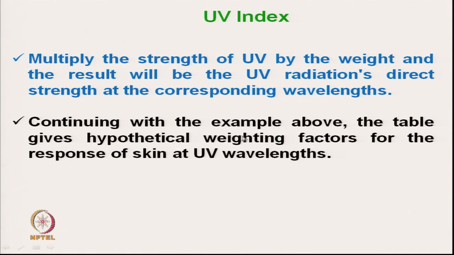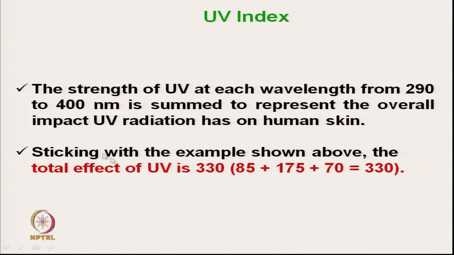Continuing with the example, the table gives a hypothetical weighting factor for the response of skin at a particular UV wavelength. The strength of UV at each wavelength from 290 to 400 nanometer is then added to get the overall impact of UV radiation on human skin.